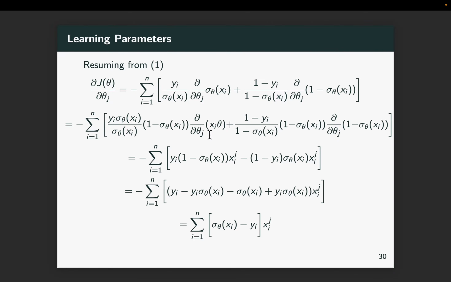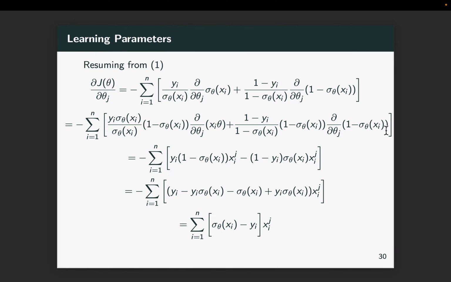When finding the partial with respect to the jth element of theta, you'll only get the term which involves the jth component. So xi transpose theta we can write as theta naught x naught plus theta 1 x1 plus theta 2 x2, and so on. And when you find the partial with respect to theta j, only the jth component of xi will exist, which is what you'll get over here.